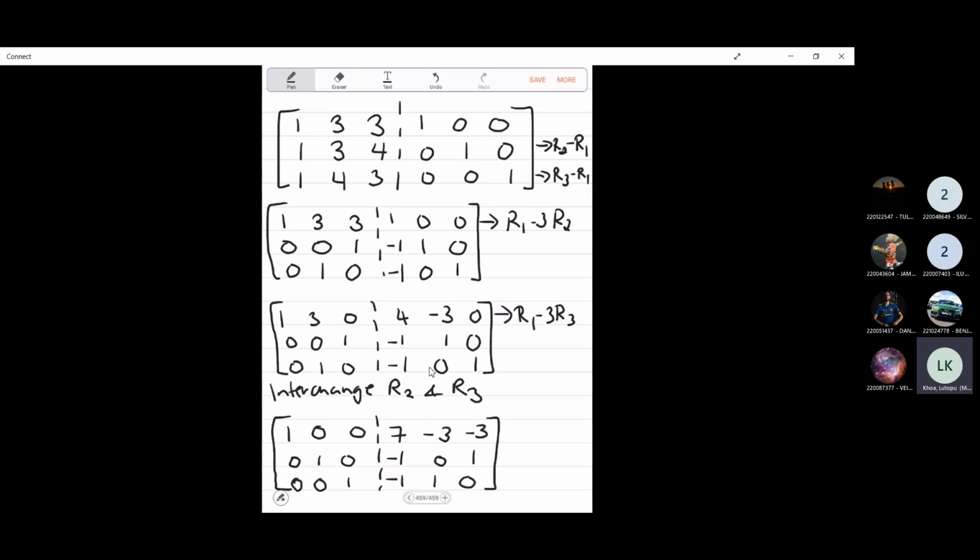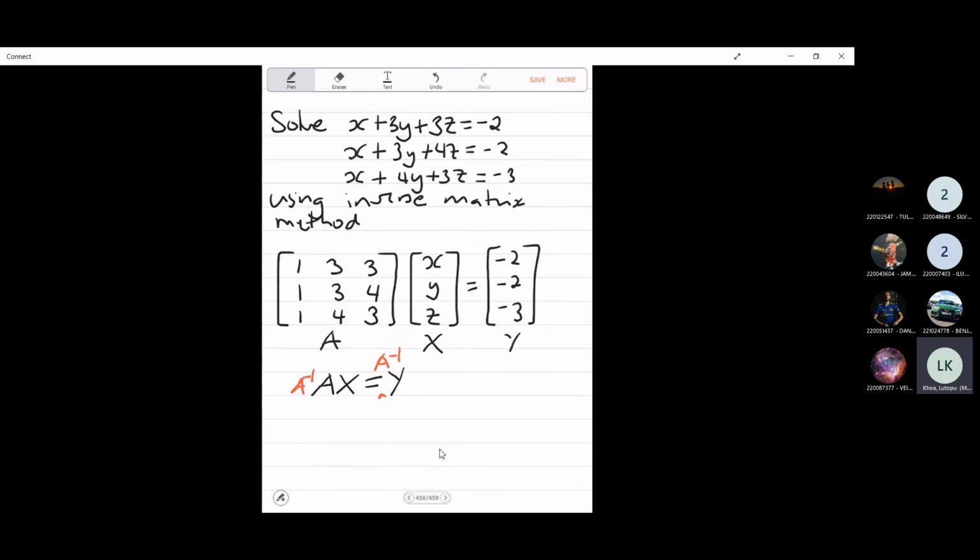Okay, so this inverse that I got here is the inverse of the matrix with the rows interchanged. So if I want to state the inverse, I must switch this row with that one, and then I will say I have this matrix here, let me call it A, which is 1, 3, 3, 1, 4, 3, 1, 3, 4.